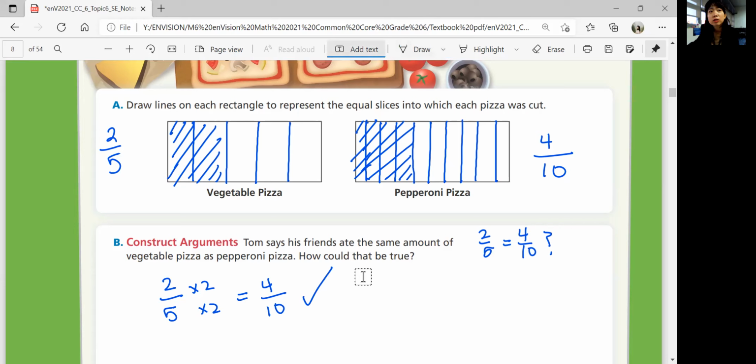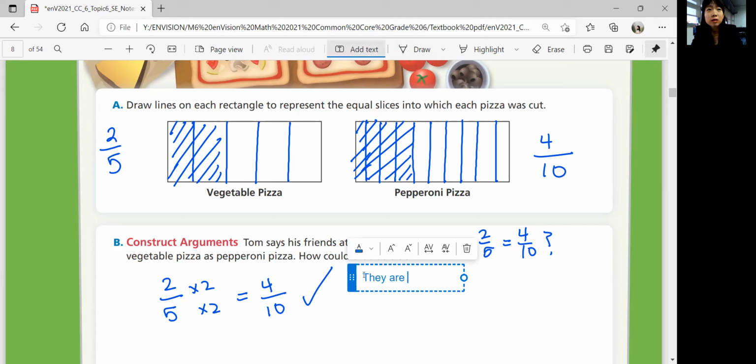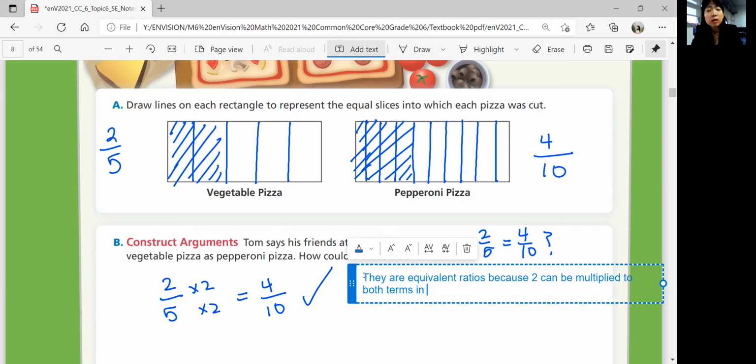So how would you say that? They are equivalent ratios because 2 can be multiplied to both terms in 2 over 5 to get 4 over 10.